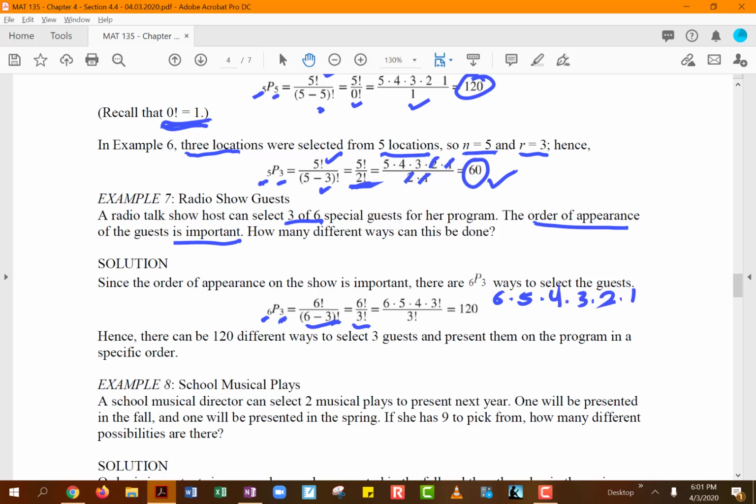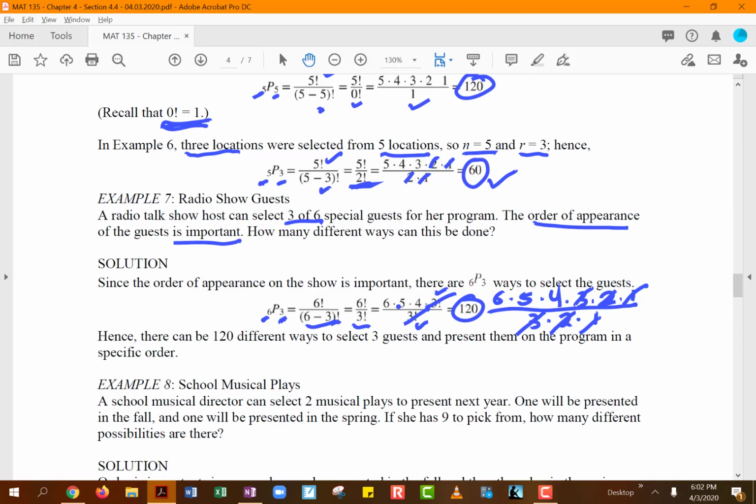These are still going to be the same numbers, and you can cancel them out, or you can just leave them as 3 factorial and 3 factorial. They would still end up canceling each other out, leaving you with 6 times 5 times 4, which gives you a total of 120 different outcomes. So there are 120 different ways that she could select these 3 guests that she wants to have on her program. And this is how permutation can also work out.